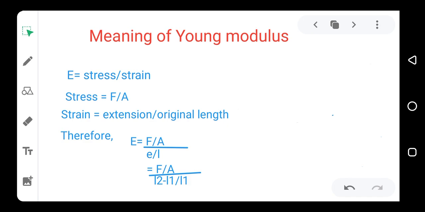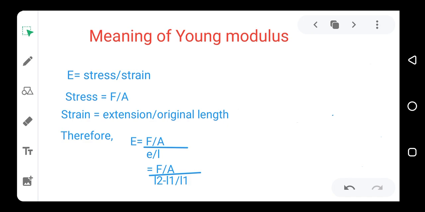Now, strain, on the other hand, is the change in length over the original length of the object. Just like we said that the stress produces a change in length, when we are talking about the change in length that is produced, we are comparing it with the original length of the object. We call that strain.